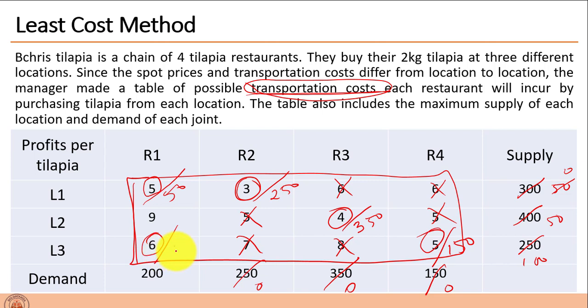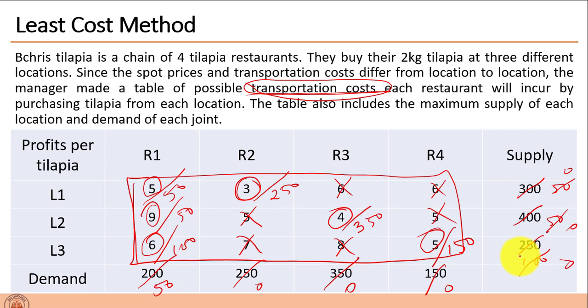We give them the 100 that they need, so that is 150 already. So 150 is taken from here, that will leave 50, and L2 can provide that 50, and they too will have nothing left in stock. So we have finished the allocation, and this is the best possible combination using the least cost method to distribute from the various warehouses.